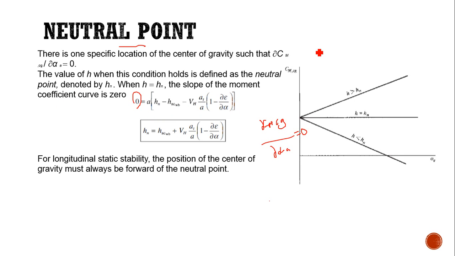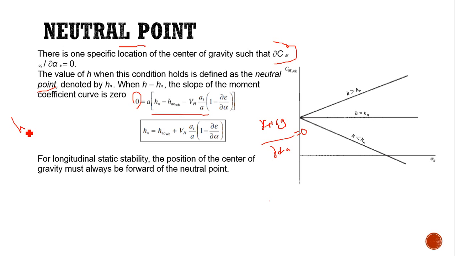I'm putting the value of ∂CmCG by ∂α equal to 0. By putting the value, we can have it like this. And when ∂CmCG by ∂α is equal to 0, we can hold the conditions for the neutral point.